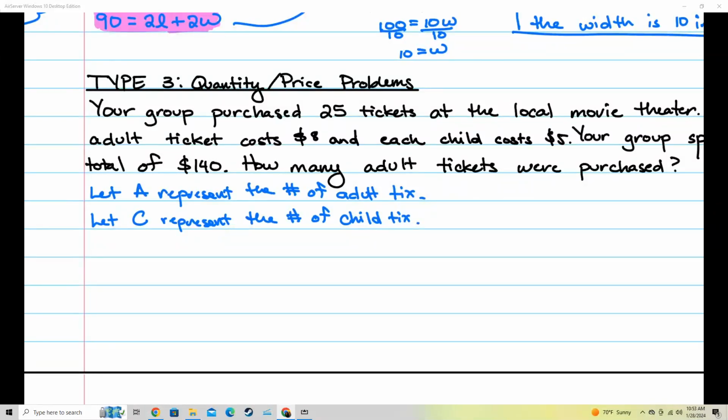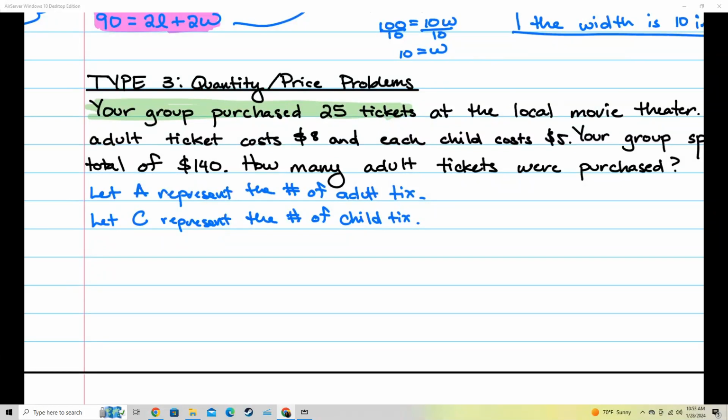Okay, so I did step one. I defined my variable. Step two is the toughest part. That's where you come up with your own equations. So let's see. Are there any sentences that give me an equation? It says my group purchased 25 tickets. Does that mean they were all adult tickets? Nope. Were they all children tickets? Probably not.